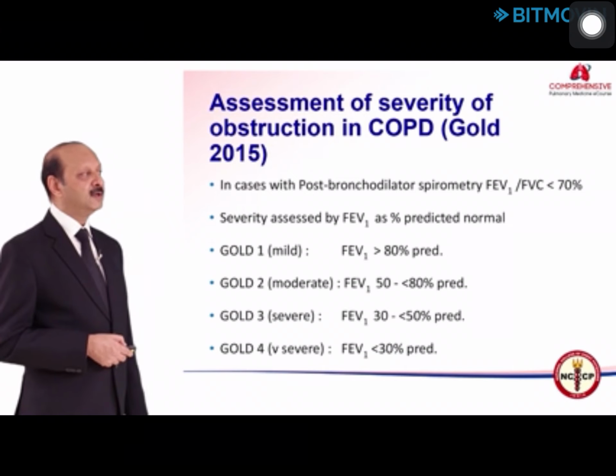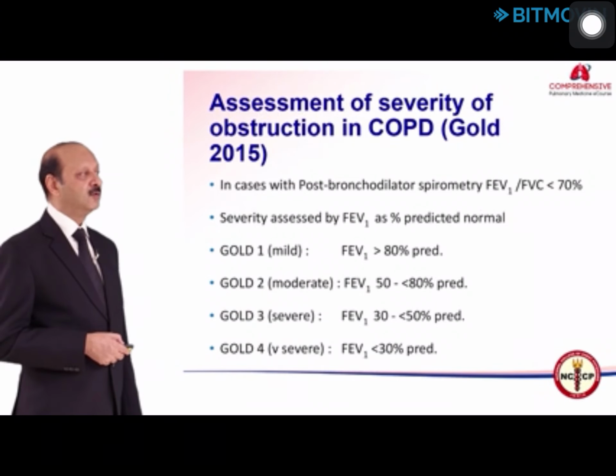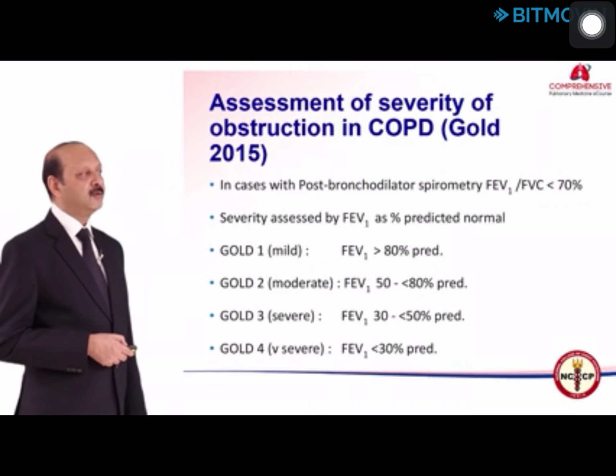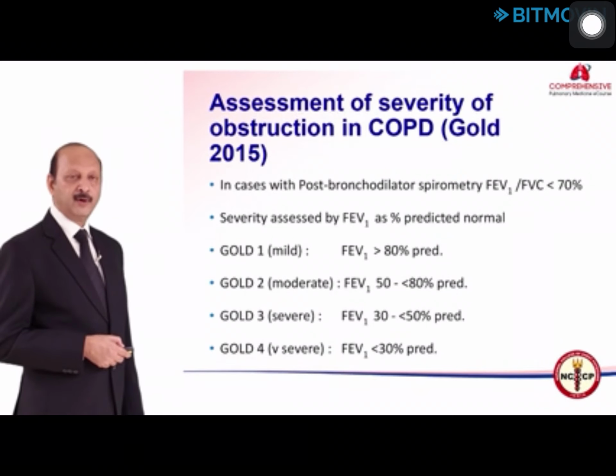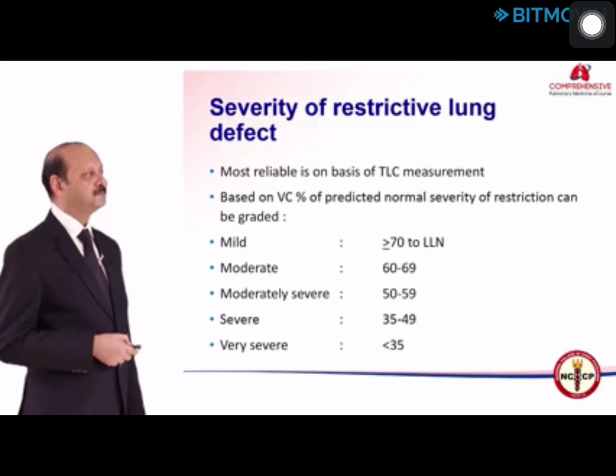Step 2, again we see the FEV1 as a percentage of predicted normal. In GOLD, if FEV1 is more than 80%, we call it mild. If FEV1 is between 50 to less than 80% of predicted normal, it is moderate. Between 30 to less than 50%, it is severe, and less than 30% is called very severe.